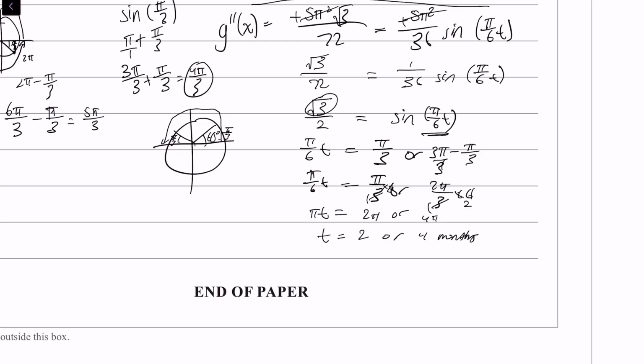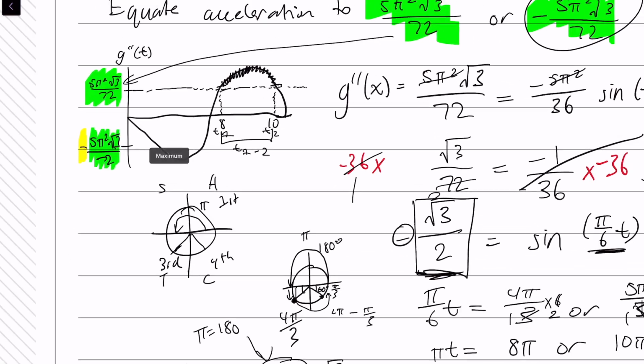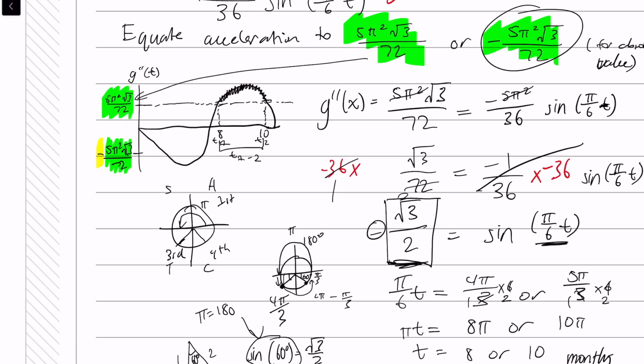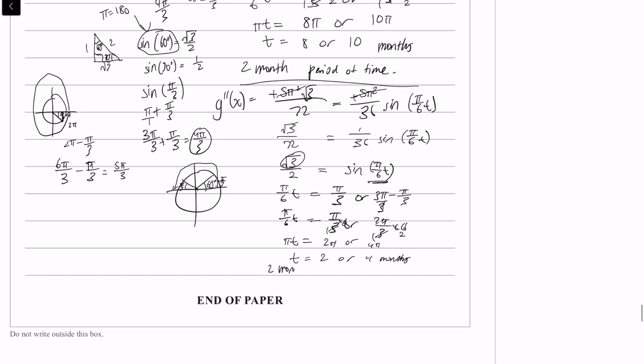Okay, and that will be, again, we're looking at our graph. This is 2 months here, and this is 4 months, again, not to scale, but the distance between T3 and T4 is going to be 2 months. So we have a 2-month period of time.